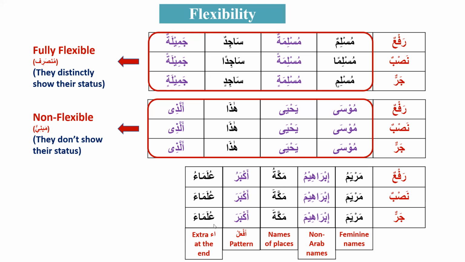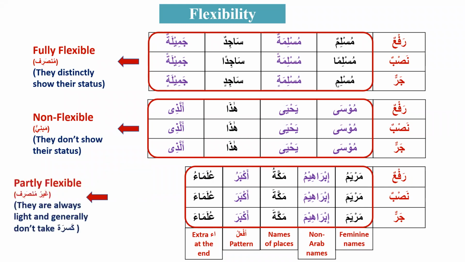So these types of words have some flexibility in them, but not enough to become fully flexible. And we cannot call them non-flexible either, because there is some change from rafa to nasab, right? So there's a name for them, and we call them partly flexible.